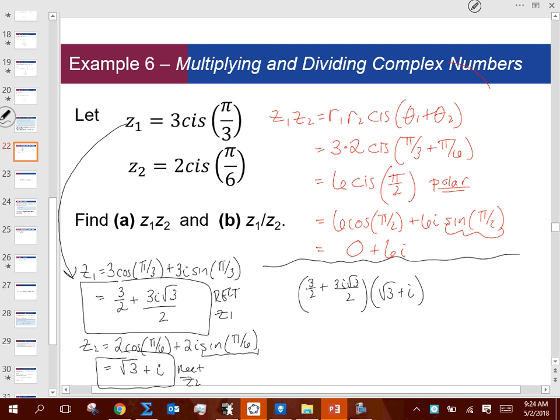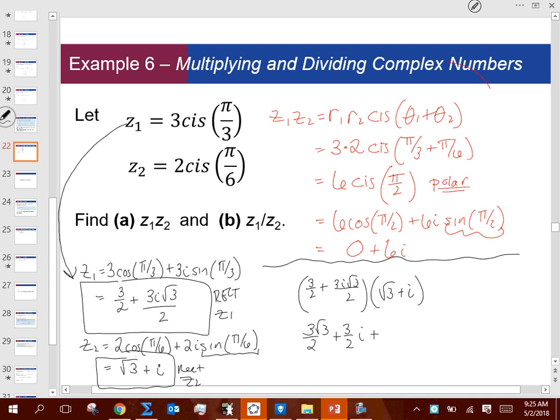And if I FOIL that, we find out that it turns into 0 plus 6i. It's just a messy procedure. If I go 3/2 times radical 3 gives me 3 radical 3 over 2, so that's first times first. I'll do outside times outside, so 3/2 times i, plus now the inside, so it's going to be 3i times 3.